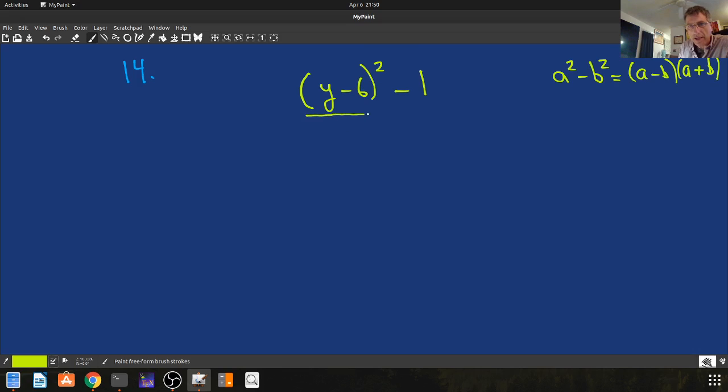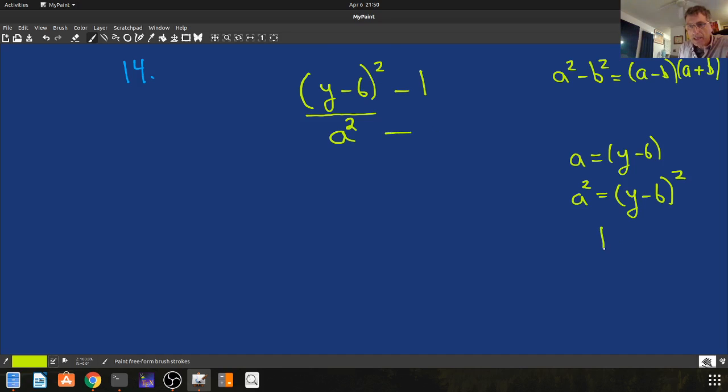Here, I'm going to let a be y minus 6, so then I get a squared. So if I let a equal y minus 6, then a squared is equal to y minus 6 squared. But what about 1?